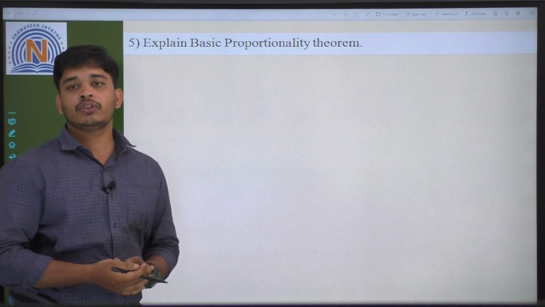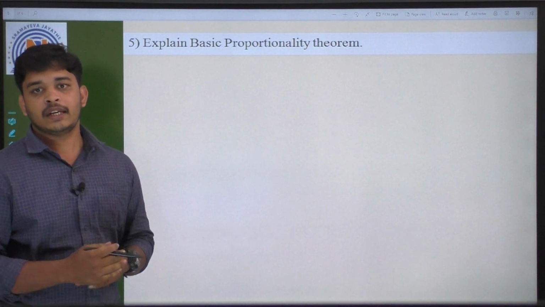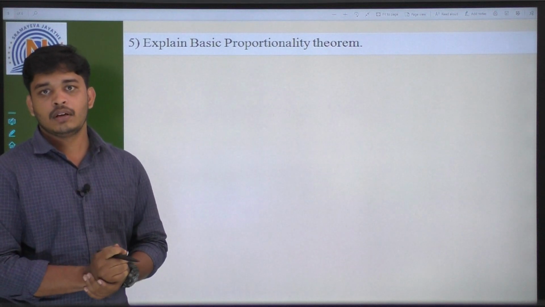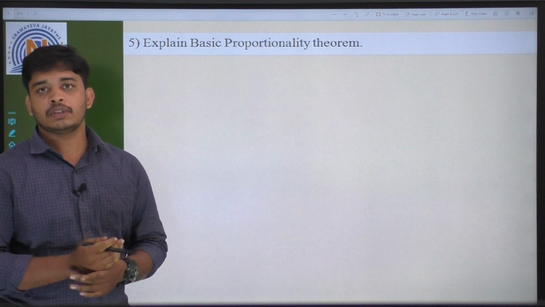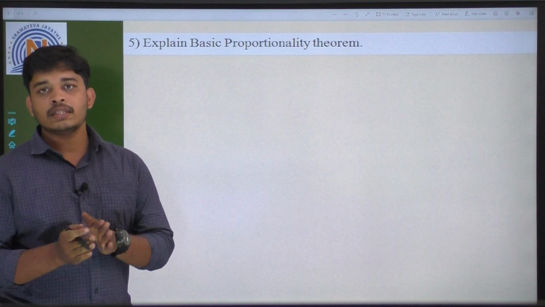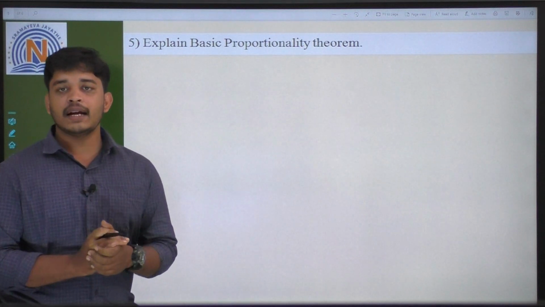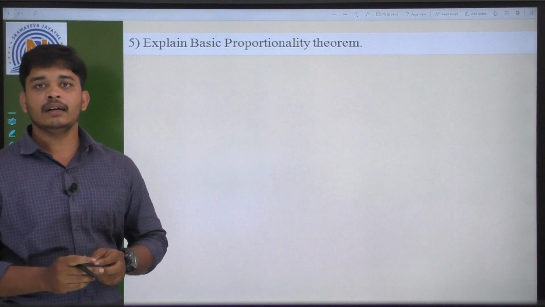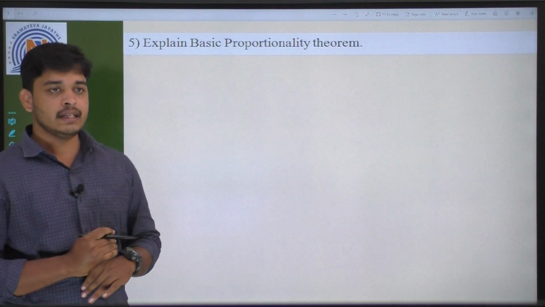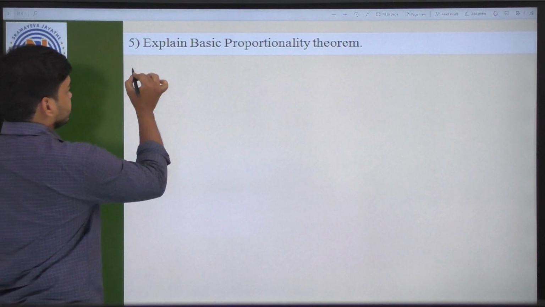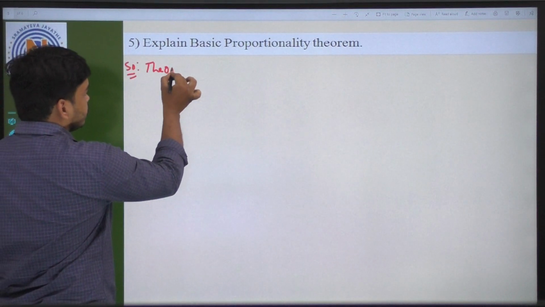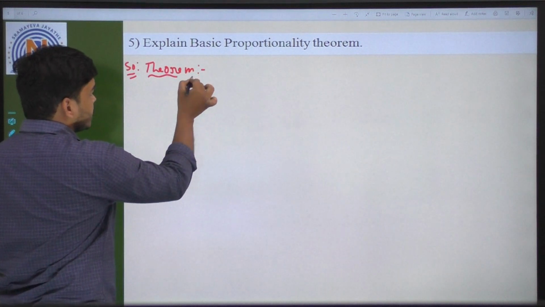Here is the explanation of the basic proportionality theorem. What is the basic proportionality theorem?